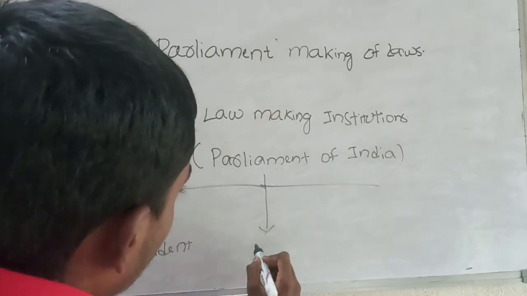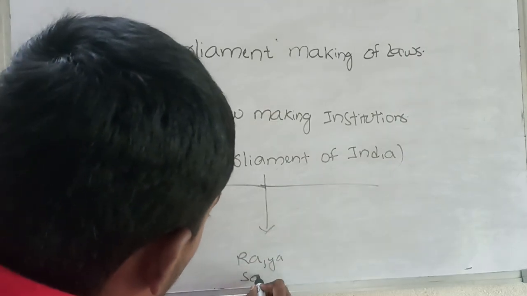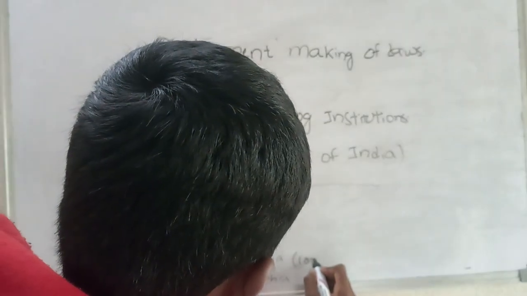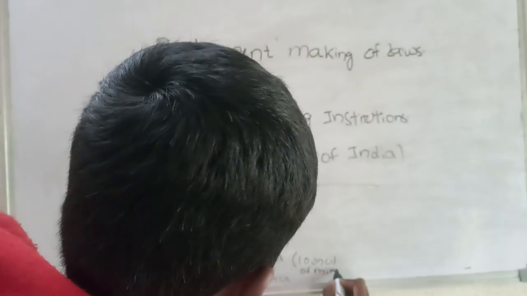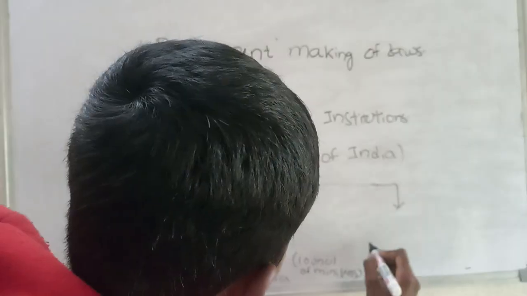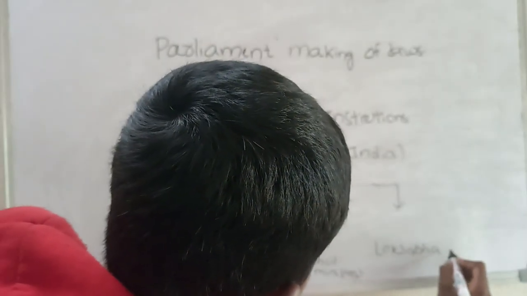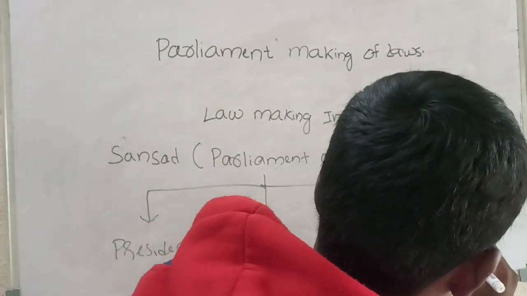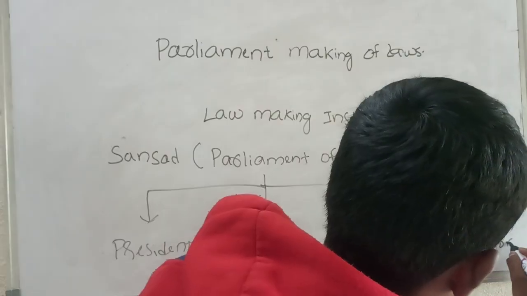Secondly, Rajya Sabha, also known as Council of States. Further, we have Lok Sabha, also known as House of the People.